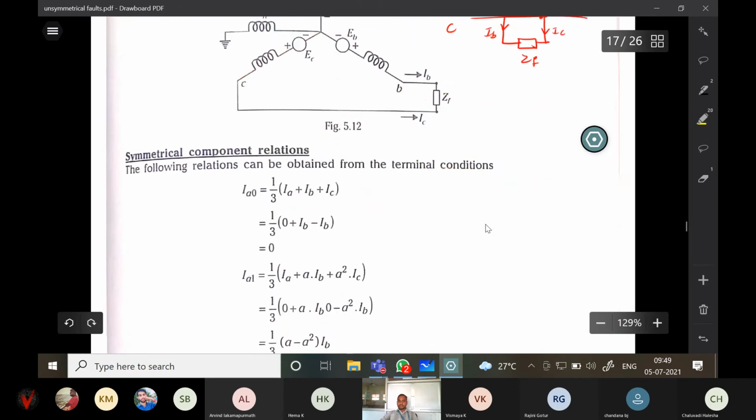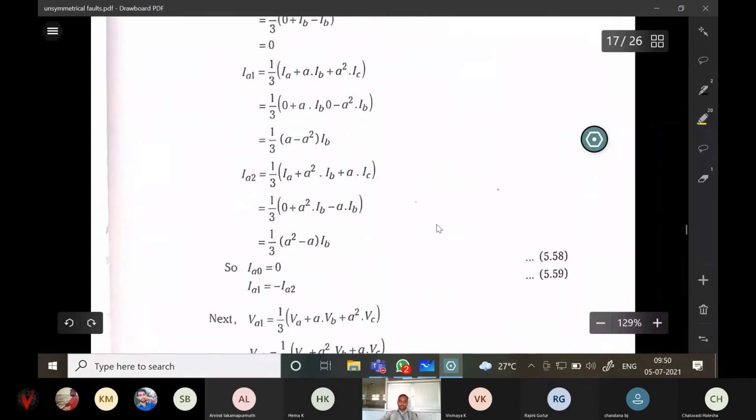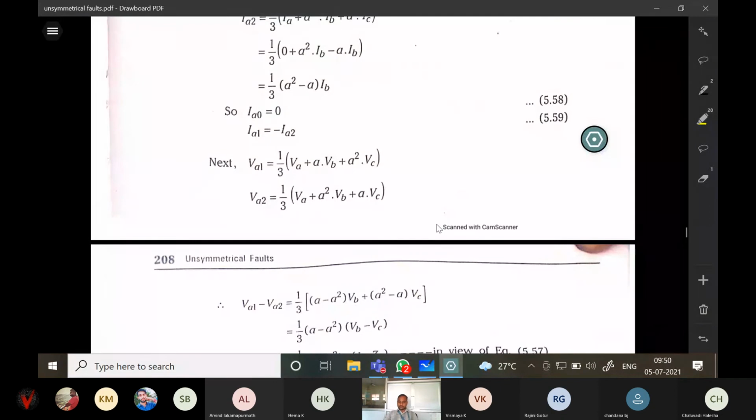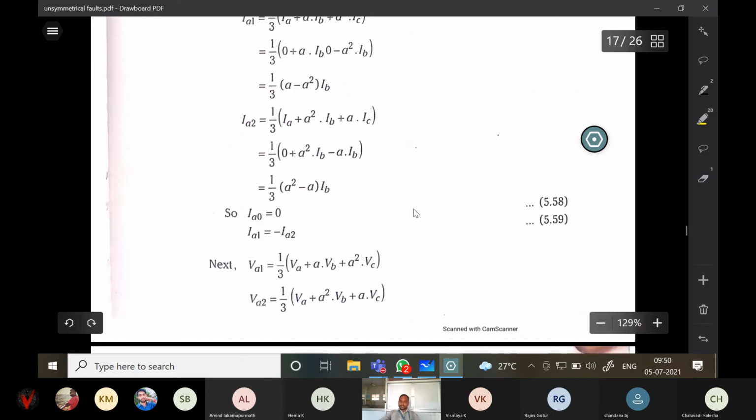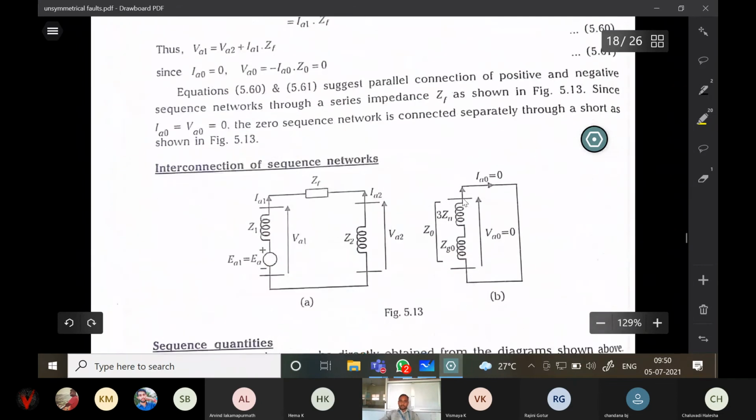Only the diagram is changed, and the symmetrical component relations are also the same. Suppose in the examination they ask for the derivation for the power system, we need to interchange only the diagram and the sequence network.